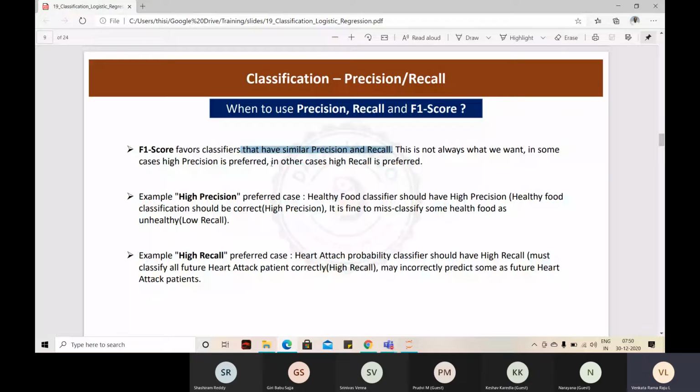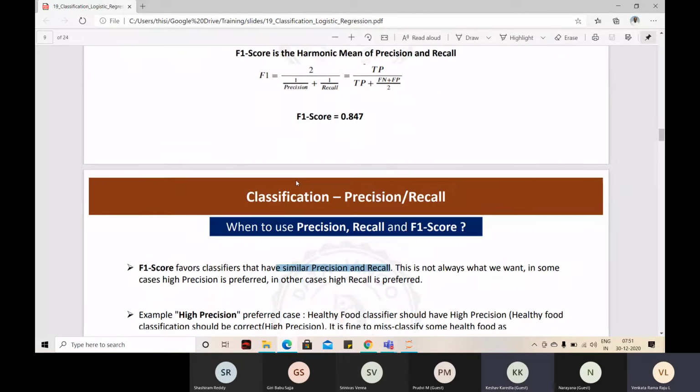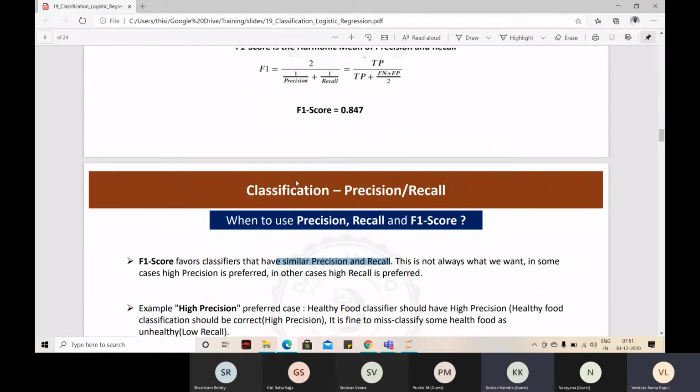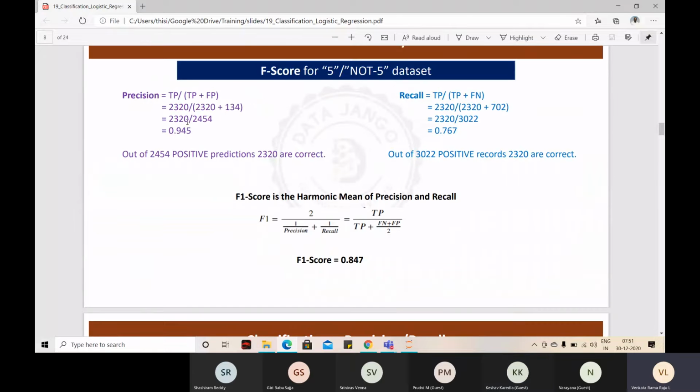Did you understand this statement? F1 score favors classifiers that have similar precision and recall. Maybe both the values are close to each other. Both the values should be close to each other.